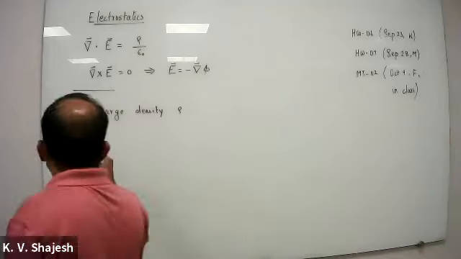The second was to derive the electric potential, and we said using the superposition principle, we can always get this using rho of r prime divided by r minus r prime.